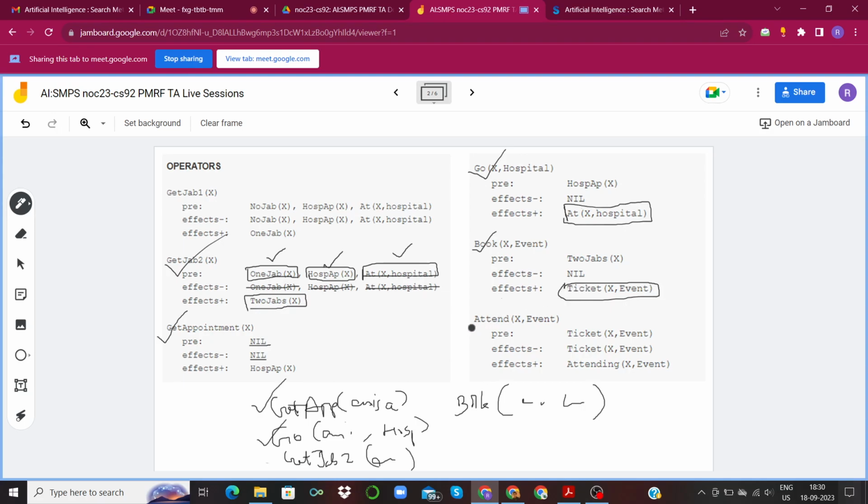And because this will be added, we can now use this attend operator, which will be the final step in her plan. And once this operator is applied, now this attending Anisa comma concert would be true. Okay, so there will be 5 steps in Anisa's plan: get appointment, go, get jab2, book, and attend.